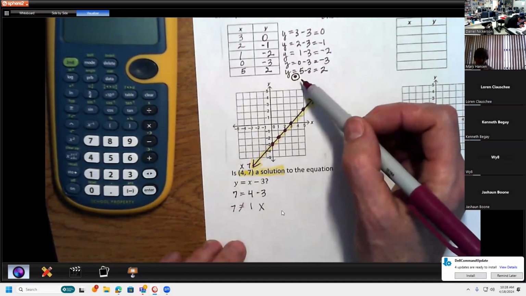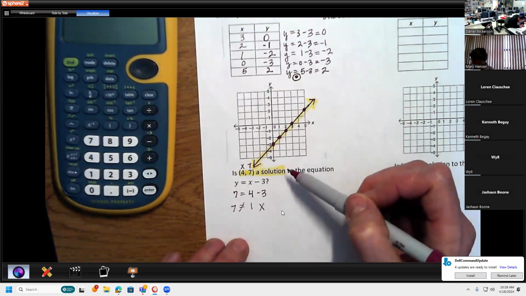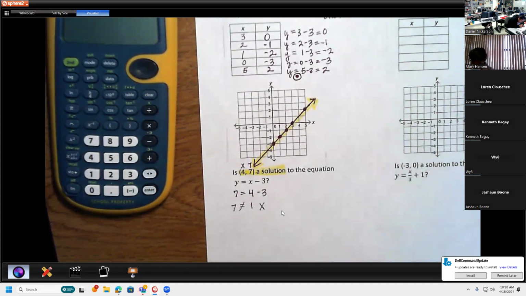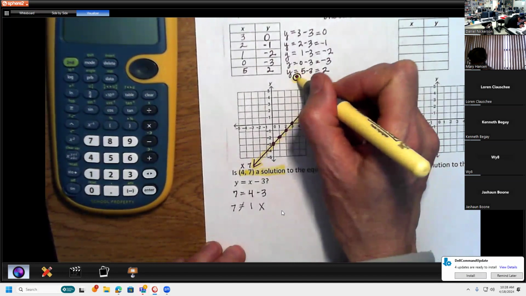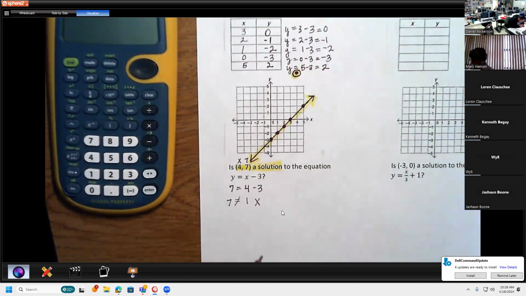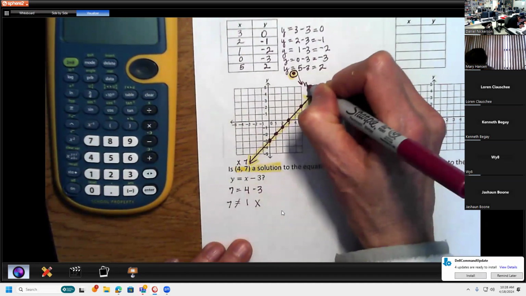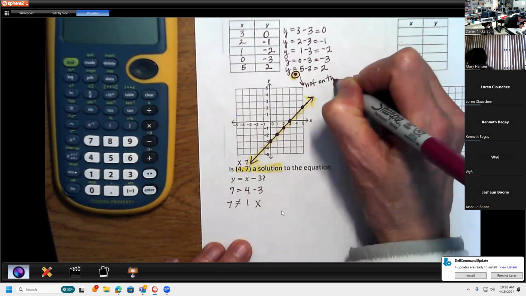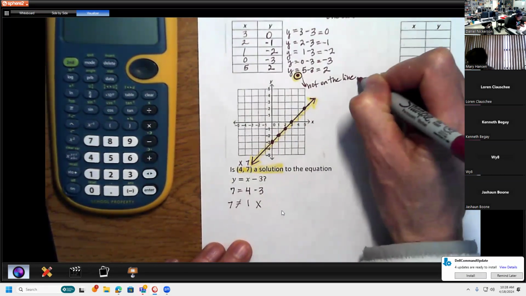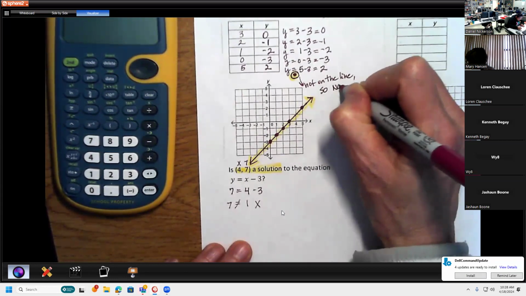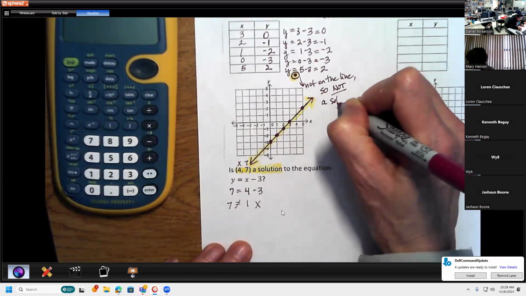If it's not on the line, it's not a solution. Okay, so that point, I probably should have picked a point that would have actually fallen on the graph, but I didn't. So this point is not on the line. So it's not a solution.